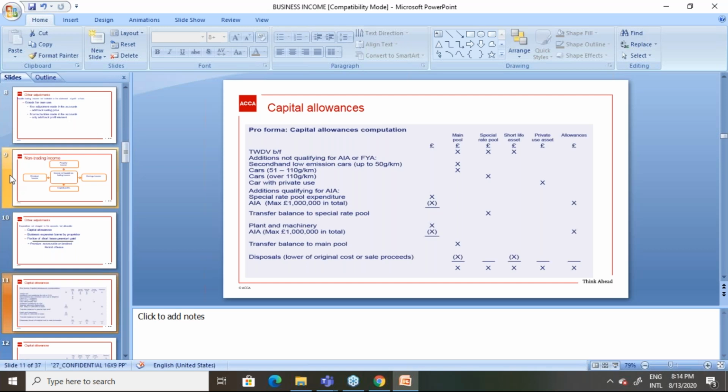Capital allowance computation consists of several principles. So there are different ways that you can claim capital allowances.